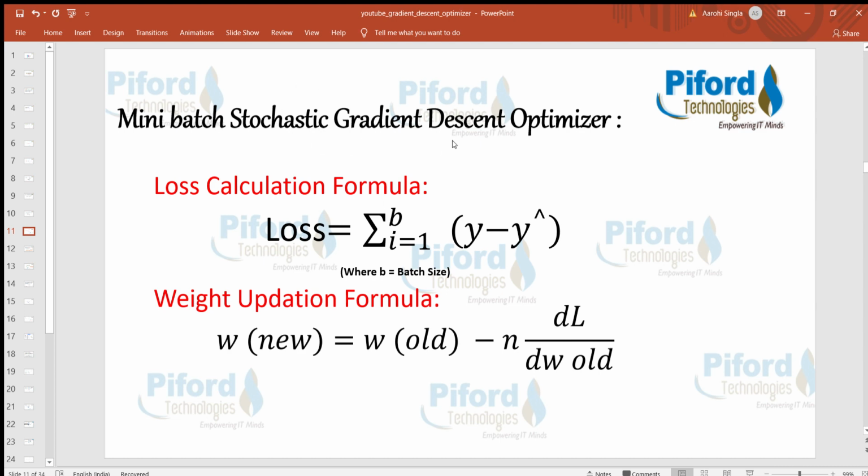But in stochastic gradient descent, weights get updated on the basis of a single record only. We don't want to use stochastic gradient descent, and we don't want to use gradient descent either.